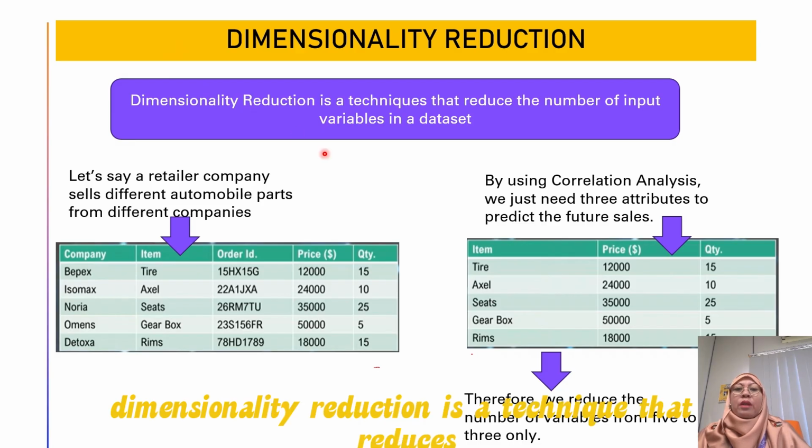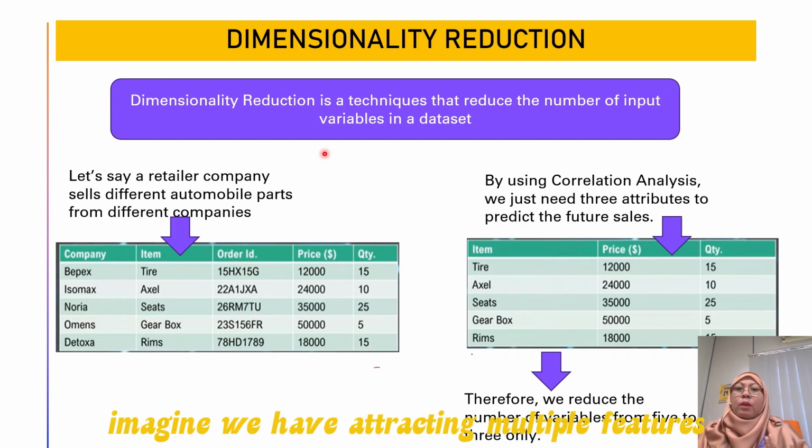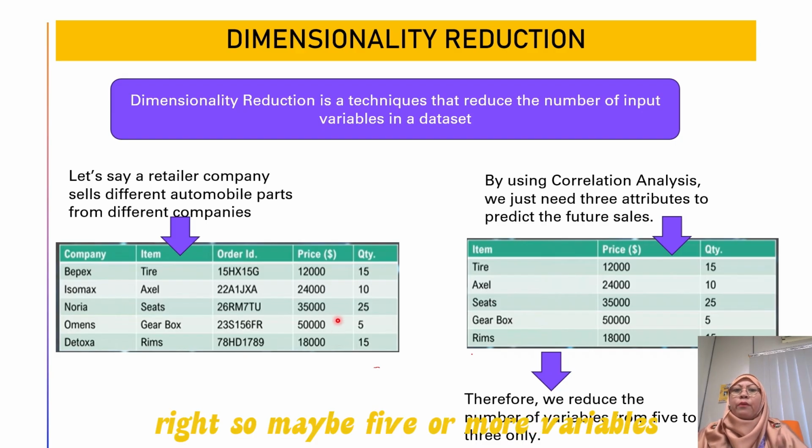So dimensionality reduction is a technique that reduces the number of input variables in a dataset. So imagine we are tracking multiple features like brand, region, type, type of part, time of year, and pricing, right? So maybe 5 or more variables.